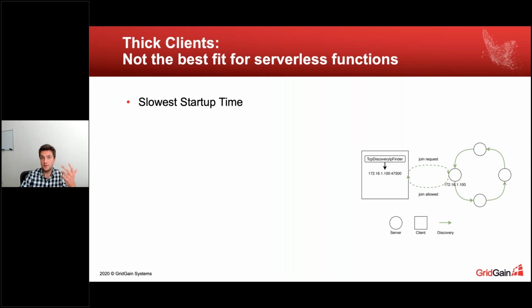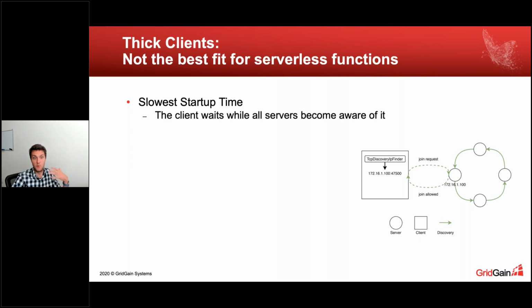The problem here is, first, that when the client joins, it has to send a special message, and that message will be sent from one server to another, and the client will be waiting while every server becomes aware of it. Another issue is that the more servers you have, the longer the startup time of your thick client will be.